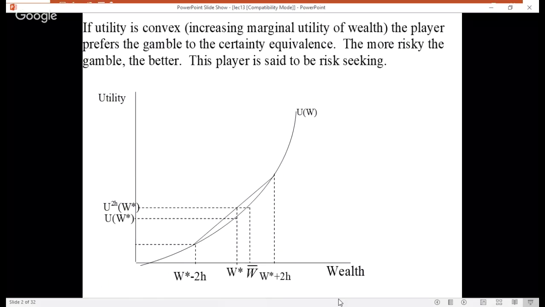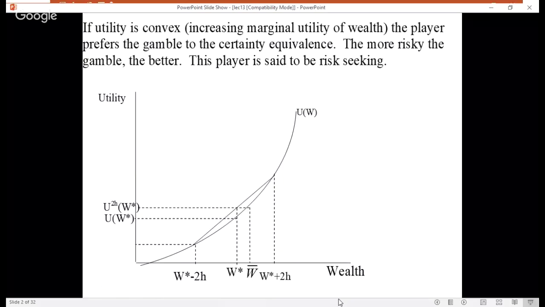This is somebody who is risk loving and has increasing marginal utility of wealth. In this case, if you take W star with certainty, it's here. However, if you take the gamble, you have to be here and here. The average of those two gives him utility above taking W star with certainty.